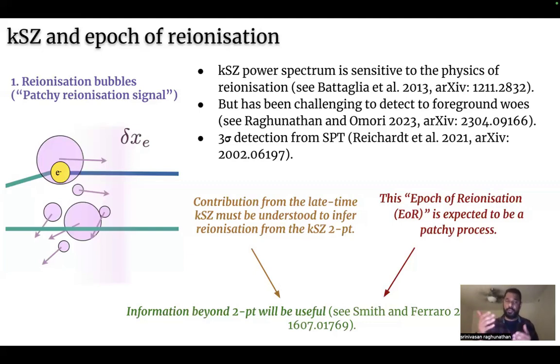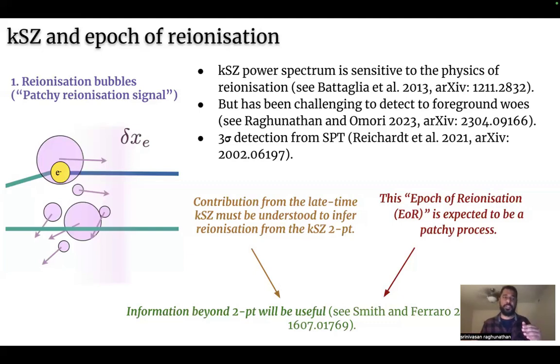The other reason, again, if you remember, I told you that the epoch of reionization is expected to be a really patchy process. If something is very patchy, why do we have to limit ourselves to power spectrum measurements? We can go beyond the power spectrum. This was shown in a paper by Smith and Ferraro back in 2016. They showed that if you look at the tri-spectrum of the KSZ, we can separate these 2 signals really well, the high redshift piece and the low redshift piece.